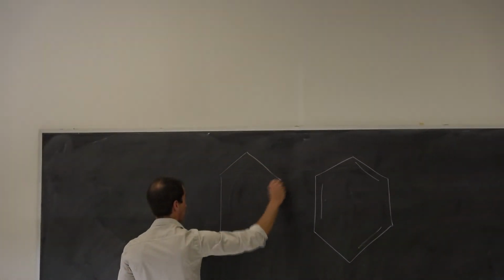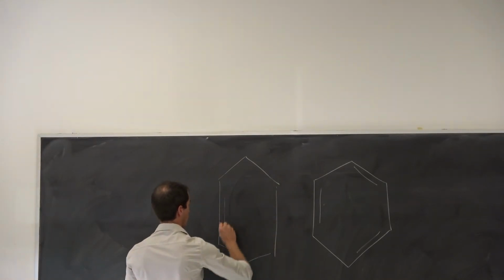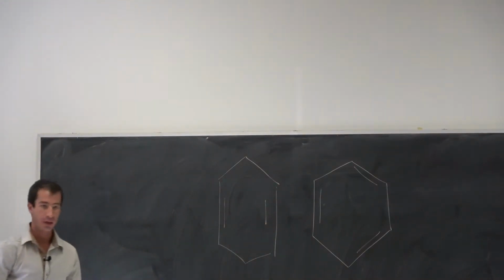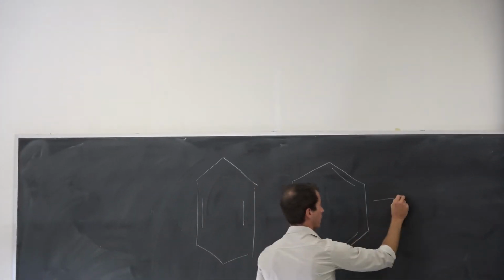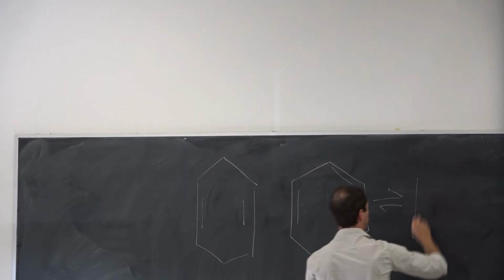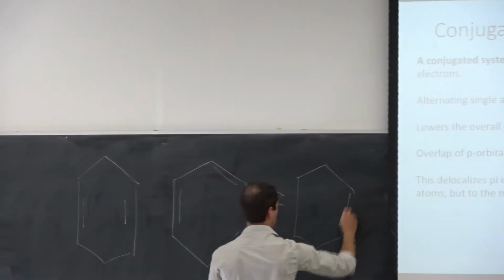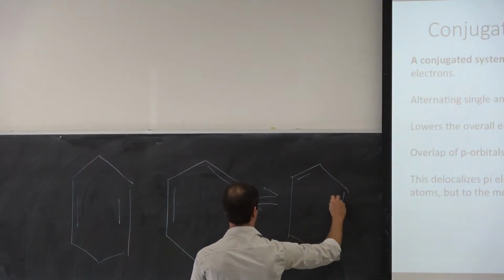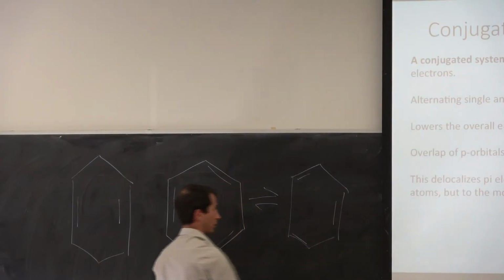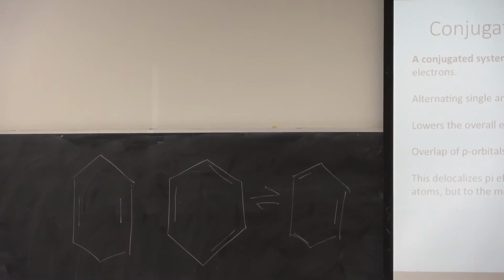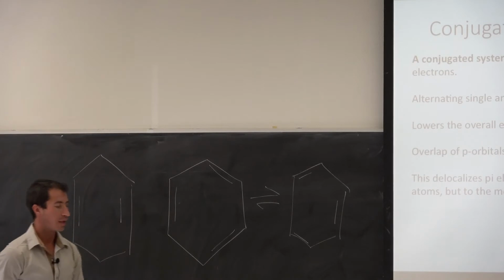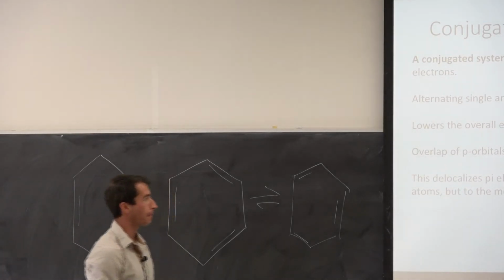Because these are alternating. But if you had something like this, that would not be conjugated, right? And that's what this means then, is that this is the same thing as this, right? That this representation is completely flexible over and delocalized over the entire, in this case, benzene ring, okay?